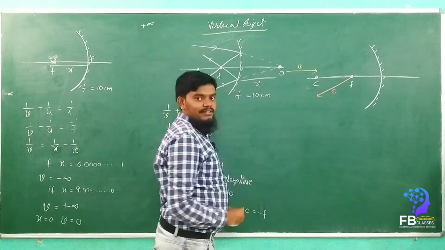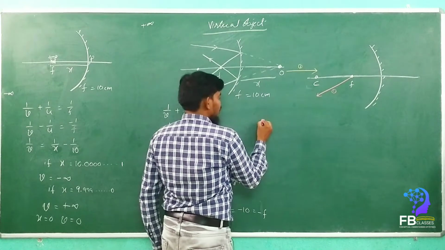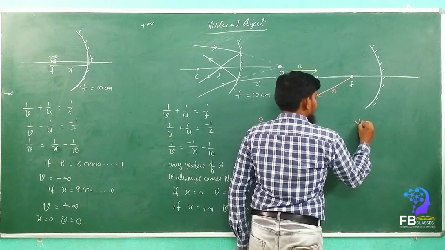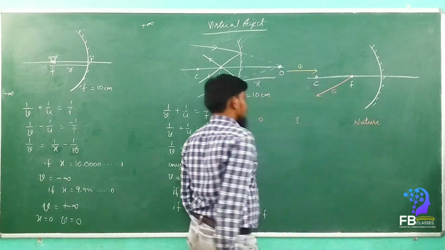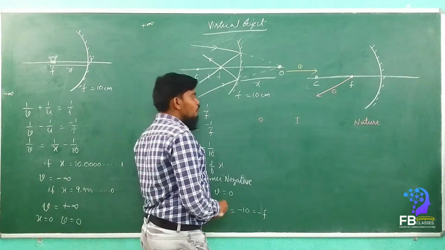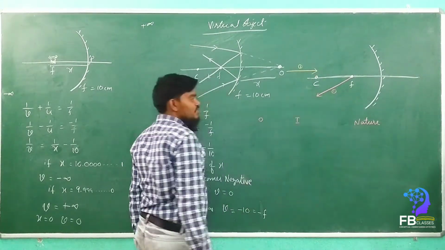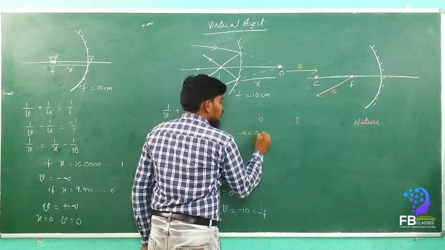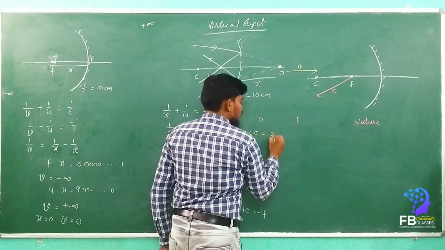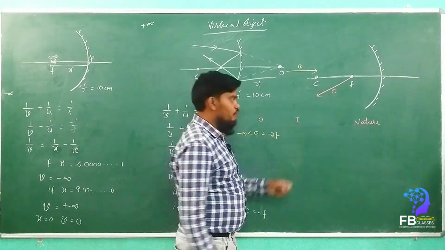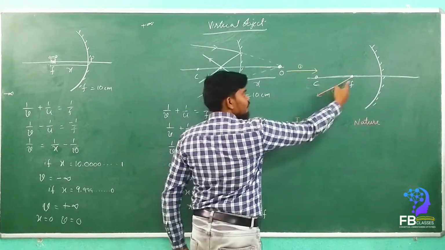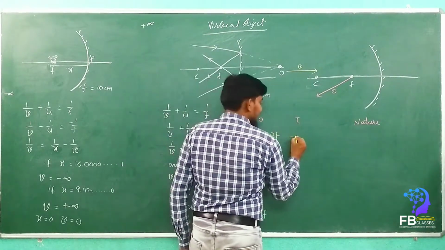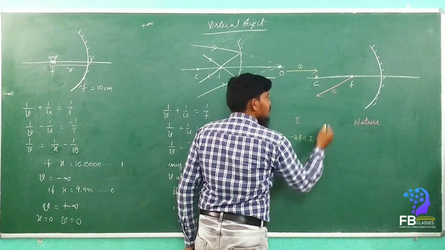See first, I am going to write here: this is the object, this is the image, and this is the nature. When the object is moved from minus infinity to where? Minus 2f. Then where is the image moved? From minus 2f to where?